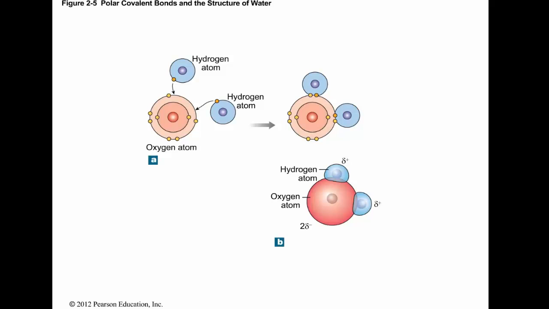So it's wanting to complete its valence shell with 8, and so it's attracted to the hydrogen, which joins it, but it joins it at one side. So you can see that one side of it is more positive and the other side is more negative. So that means that it is polar.